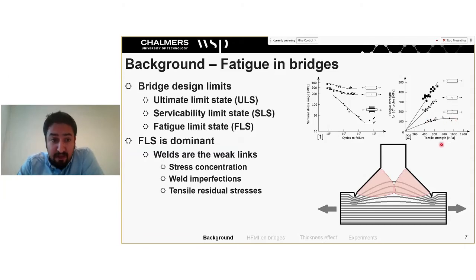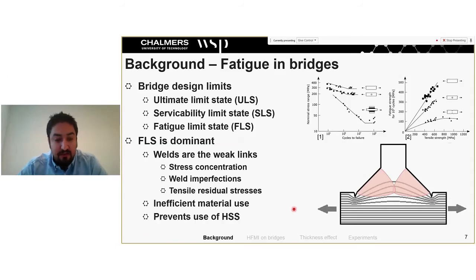This is of course bad because it doesn't allow us to use high-strength steel. It doesn't allow for modern steel materials and an optimal design of the bridge. So the material use becomes inefficient, and we cannot use high-strength steel.